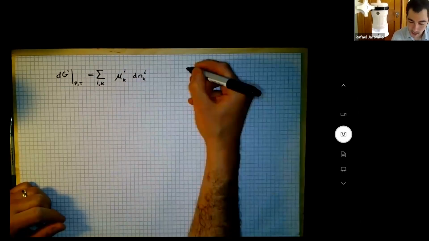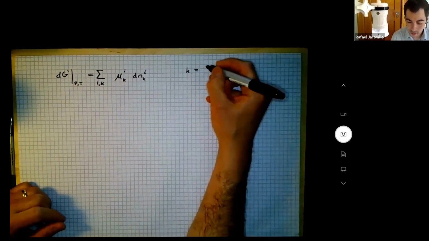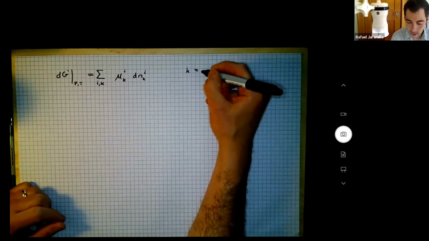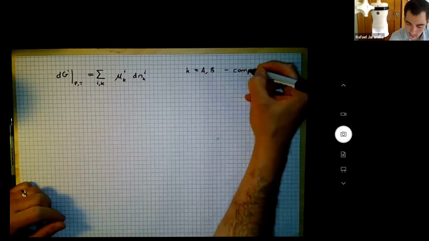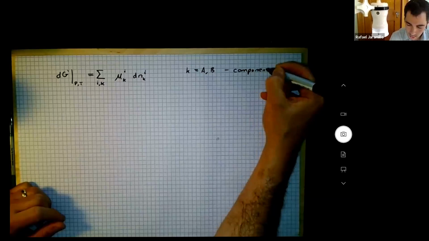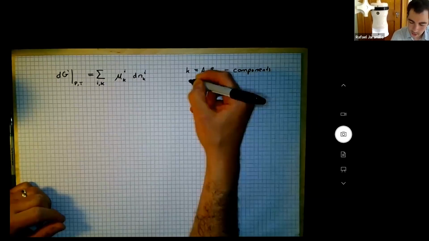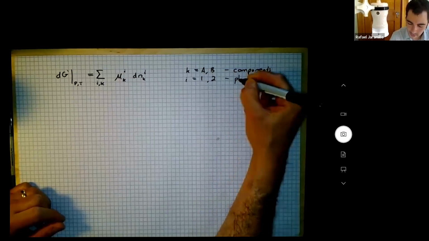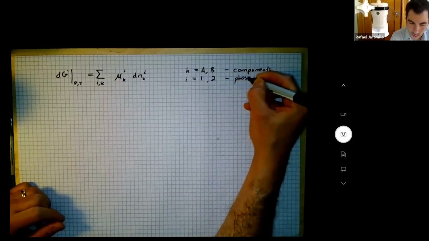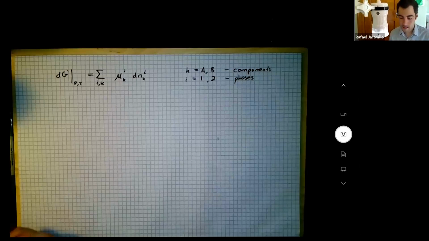So k going A, B, these are components, and i going 1, 2, these are phases.